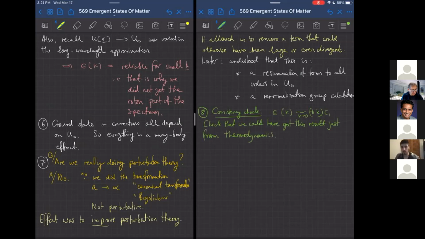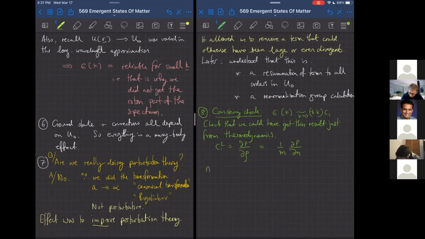So the way we do that is we say that the speed of first sound is the square root of dp by d rho, so c1 squared is dp by d rho, and that's the mass density, so that's 1 over m dp by dn, where p is the pressure.